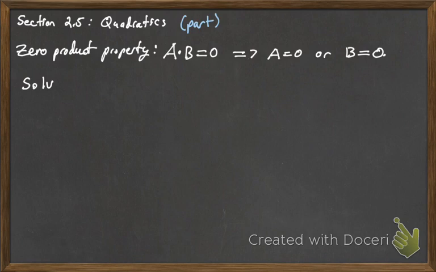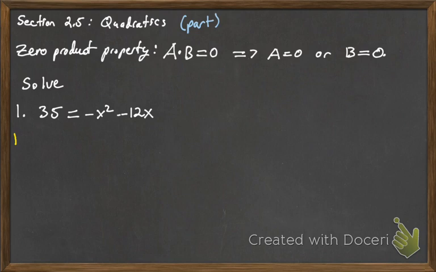So let's see. We're going to solve 35 equals negative x squared minus 12x. And so what we want to do when we're solving a quadratic, with the exception of completing the square and the square root property, square root method, we want to set the equation equal to 0 and then try to factor it or use the quadratic formula.